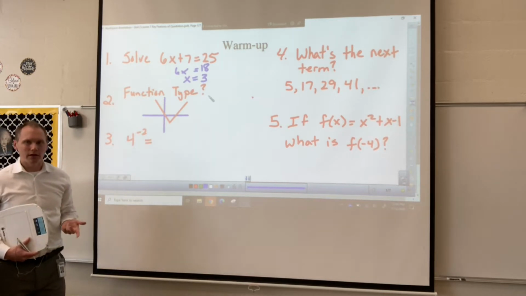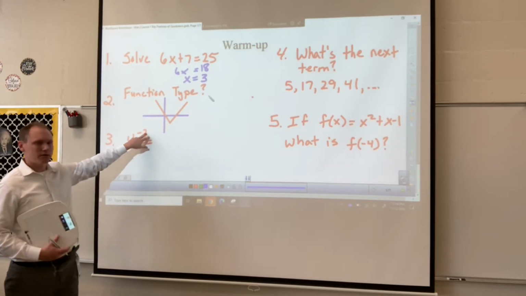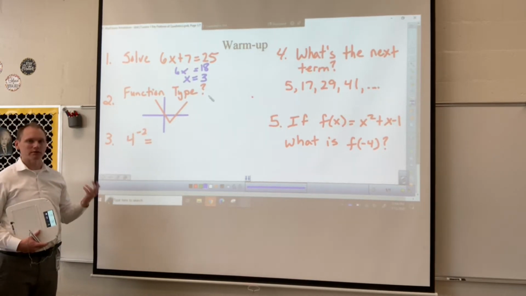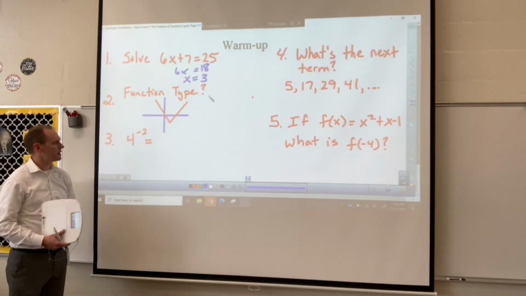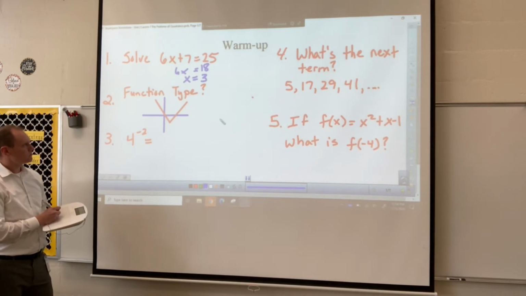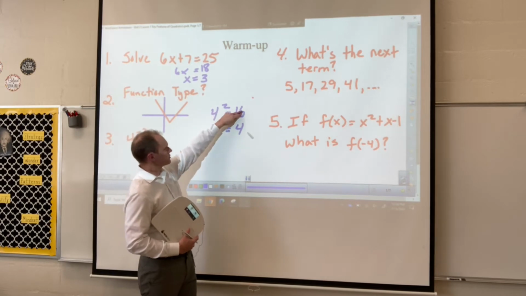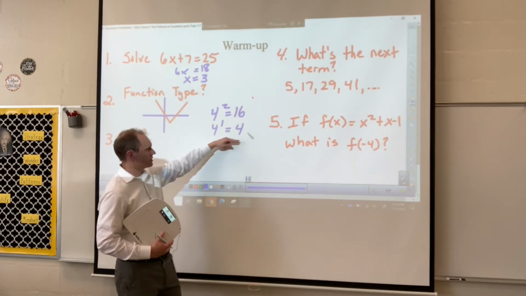We talked about a lot of different exponents in our first unit. We talked about positive integer exponents, we talked about 0, and then we ended up talking about negative. Let's revisit that real quick. So if we have 4 squared, that's 16. 4 to the first is 4. And the pattern that we saw last unit was this right side is just dividing by 4 each time.